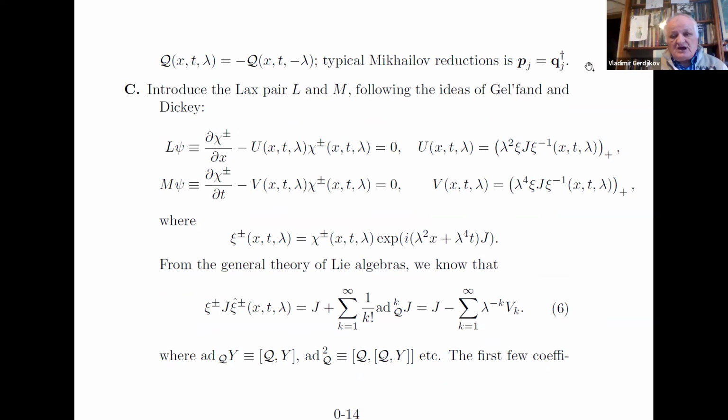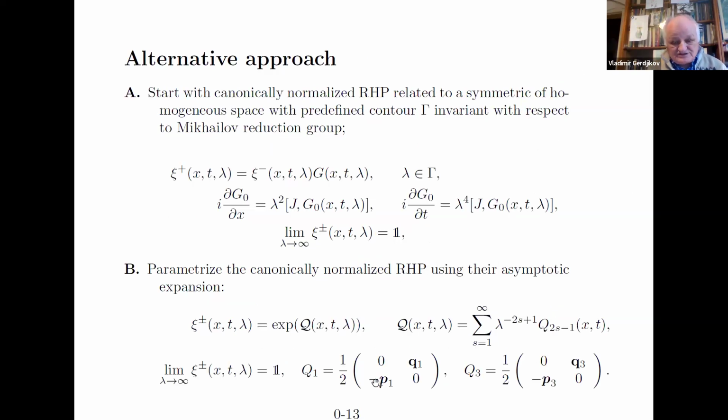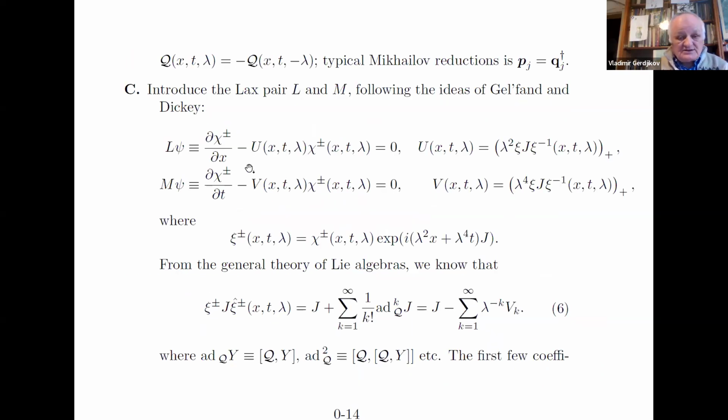In addition, I assume, of course, the typical Mikhailov involution, that is P1 and Q1 are Hermitian conjugated to each other. The minus sign is important also here. Okay, we have a parametrization of the Riemann-Hilbert problem, which will be useful to construct the Lax pair. Now, how to introduce the Lax pair, starting from the Riemann-Hilbert problem?